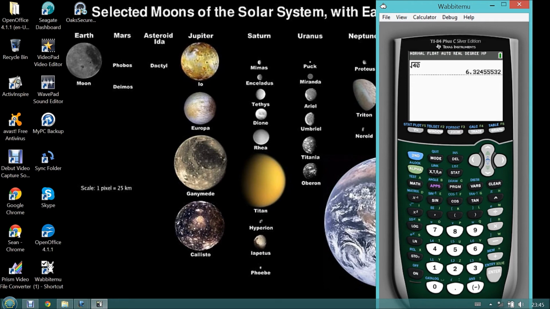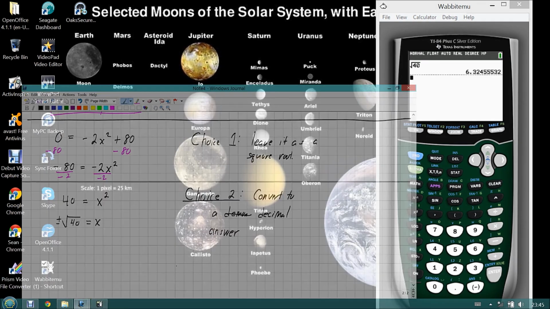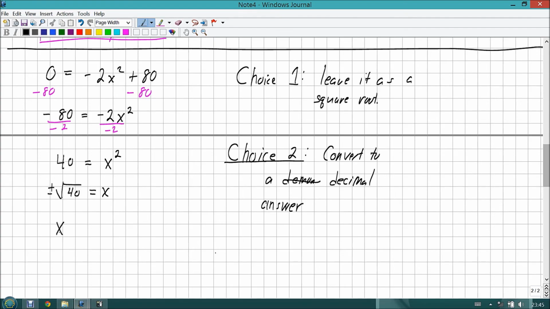This is an estimation of what the square root of 40 is, but we can still use it. I think we can use it up to 2 decimal places for this particular case, so I would round it to 6.32. So going back here, I would say x is equal to plus or minus 6.32.